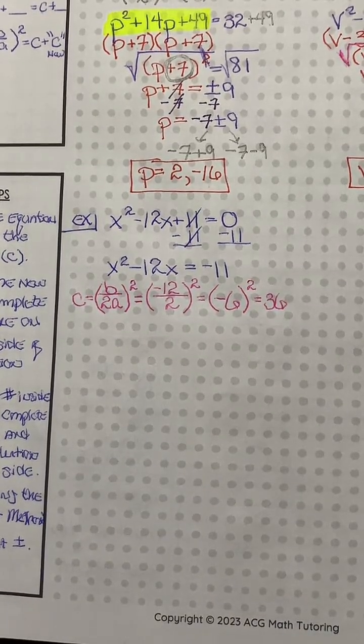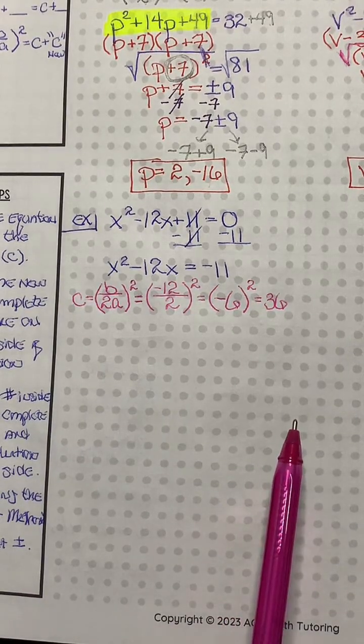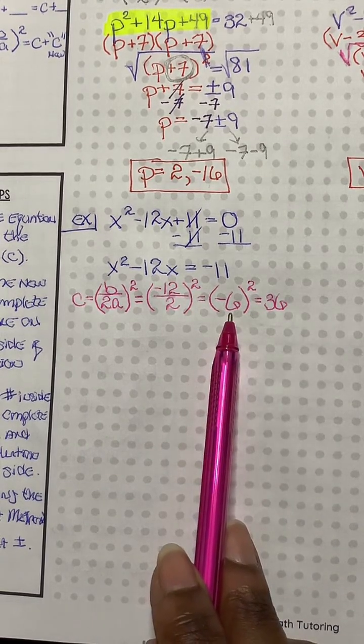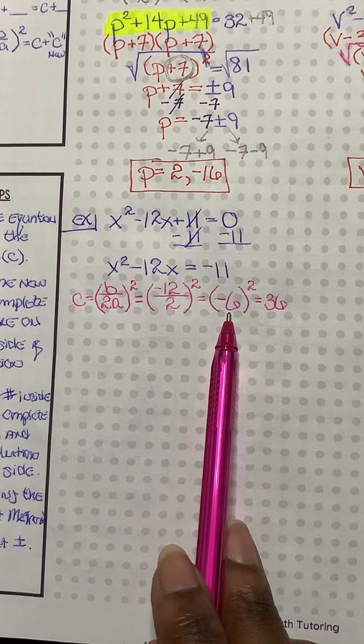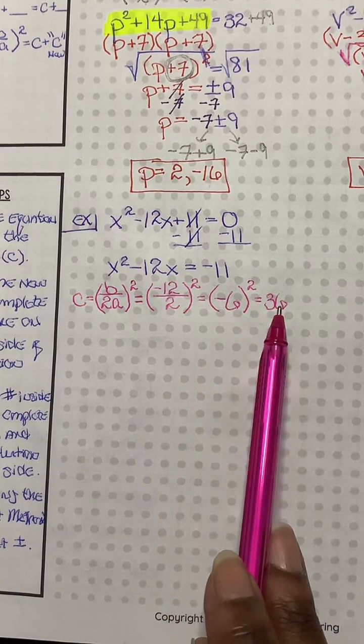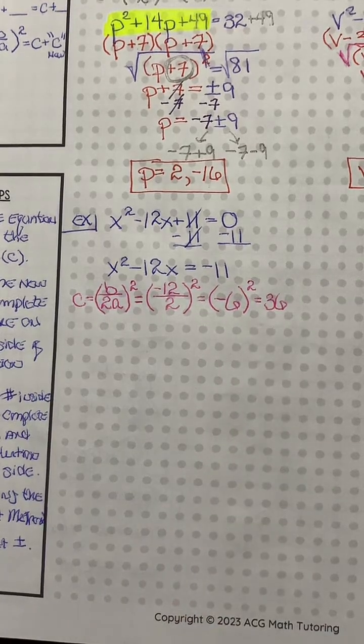Make sure it's a negative 6 times negative 6. A negative times a negative gives me a positive, and 6 times 6 gives me 36.